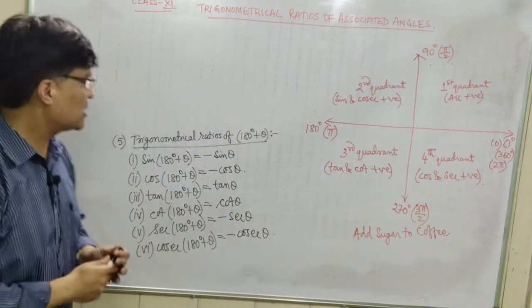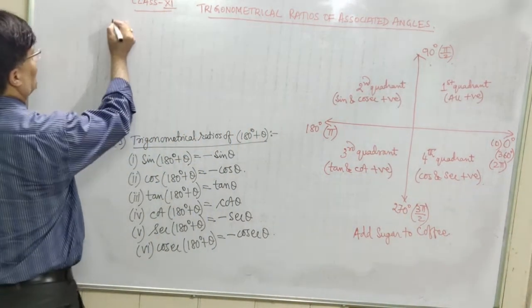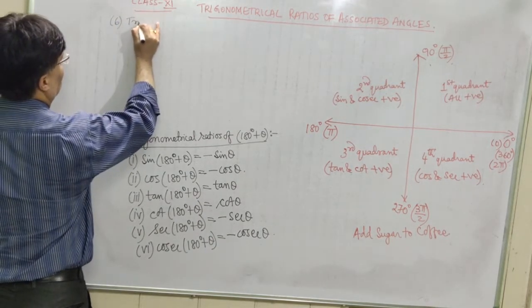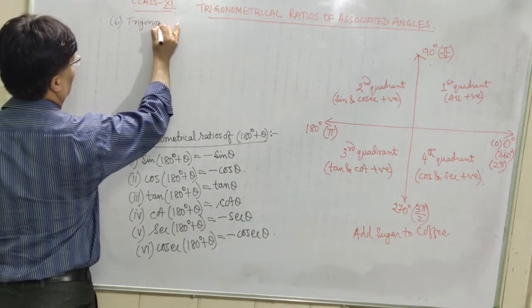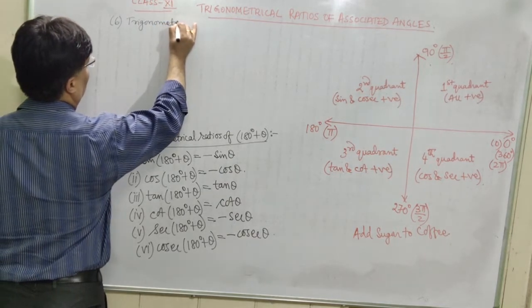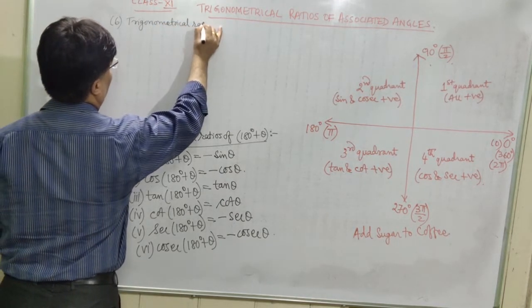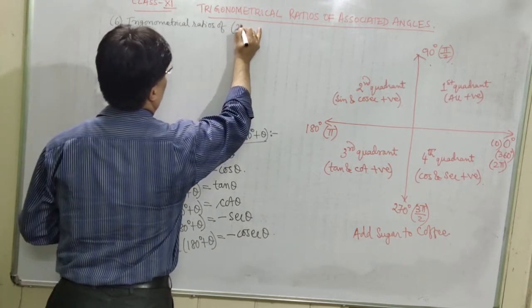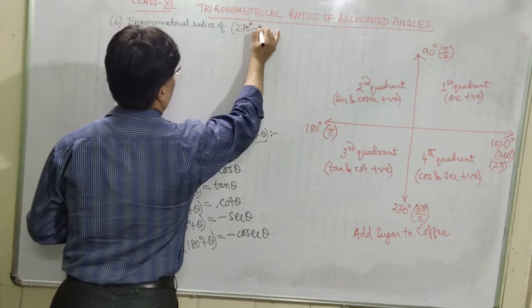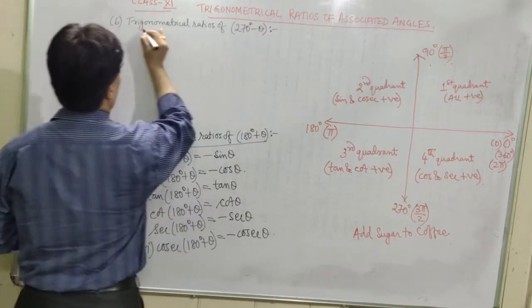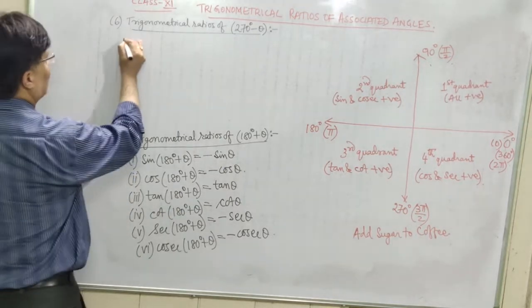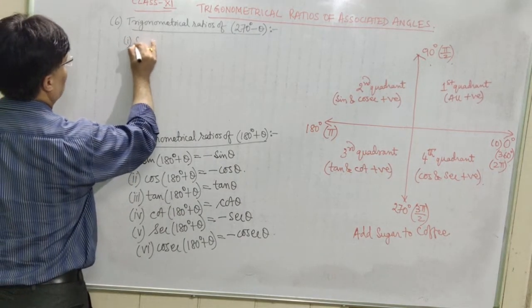So now we'll do the next formula, formula number 6, trigonometrical ratios of 270 degree minus theta. Let us write down all the trigonometrical ratios.